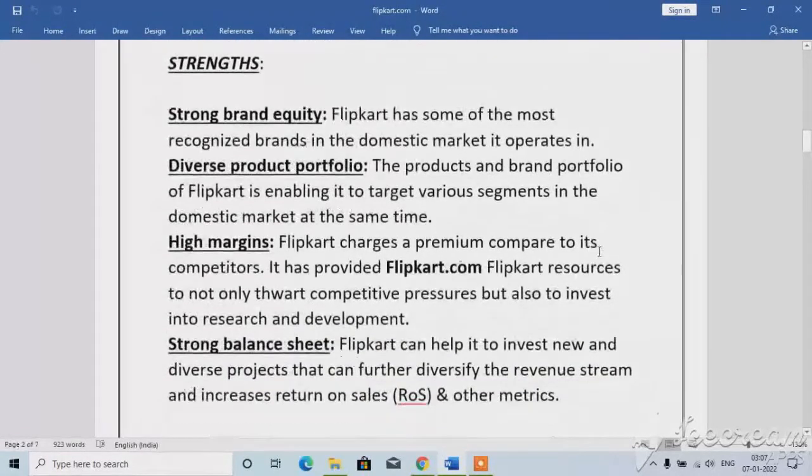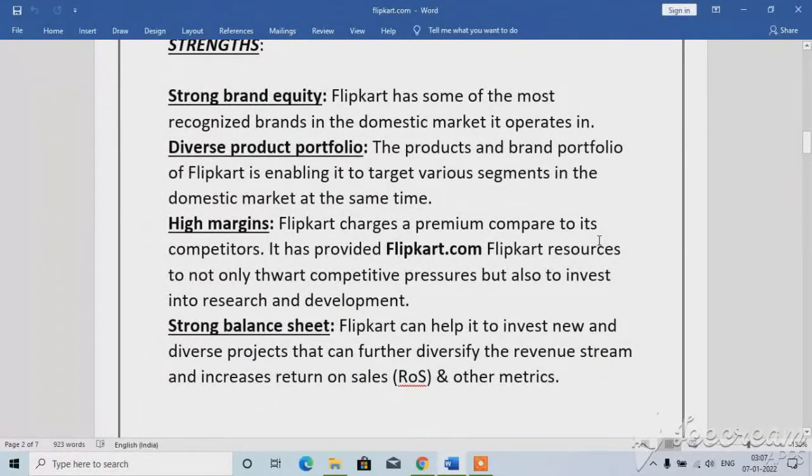Afterwards, we will define the strengths. First, strong brand equity. Flipkart has some of the most recognized brands in the domestic market it operates in. Also, diverse product portfolio. The products and brand portfolio of Flipkart is enabling it to target various segments in the domestic market at the same time.